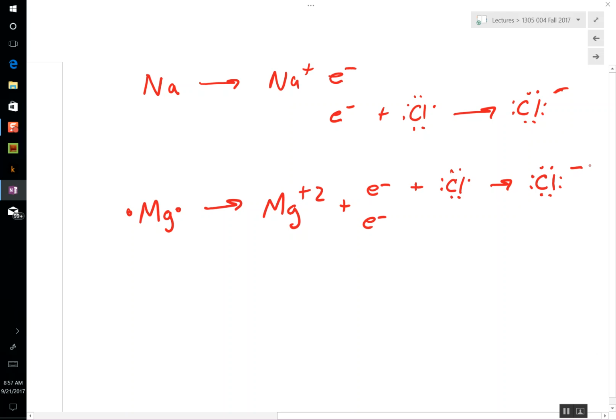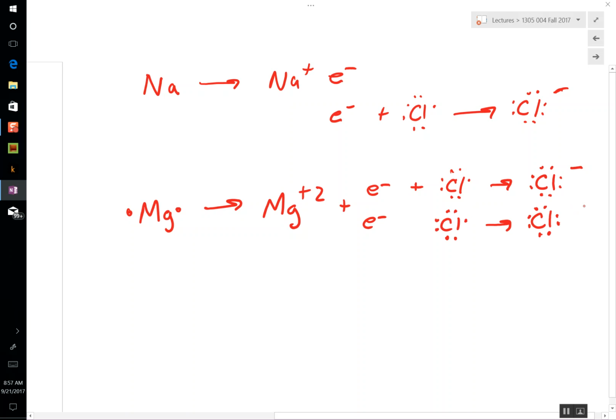What happens to that other electron? We got 1 electron left over. It has to add to another chlorine atom. Magnesium does not react with 1 chlorine atom. It reacts with 2.